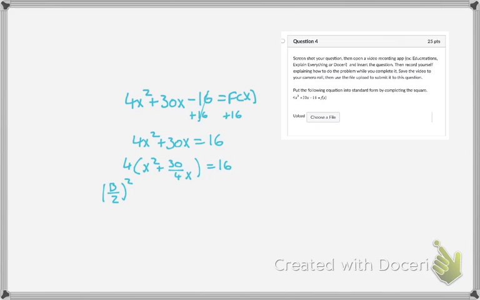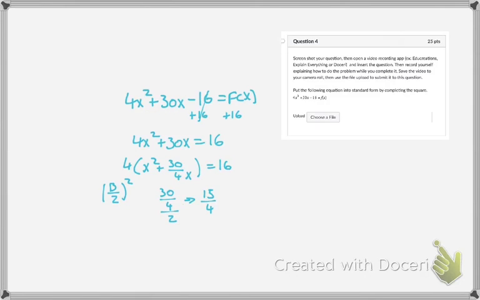So let's do that. 30 over 4 divided by 2 comes out to be 15 over 4.